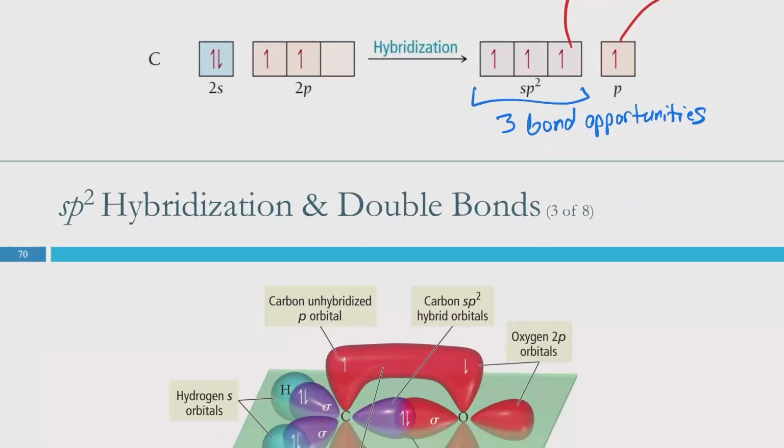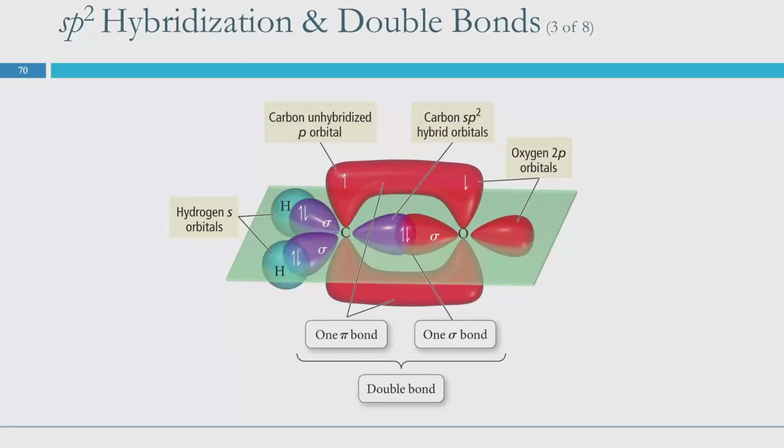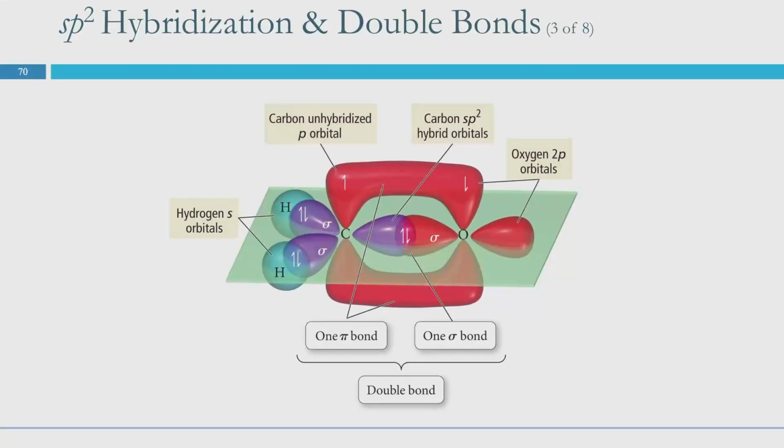So let's see what that looks like. That looks like this. So we've got our carbon. Here it's got its sp2 hybrid orbitals, so it's that flat trigonal planar geometry. We've got some bonds with hydrogens. Those are single bonds.